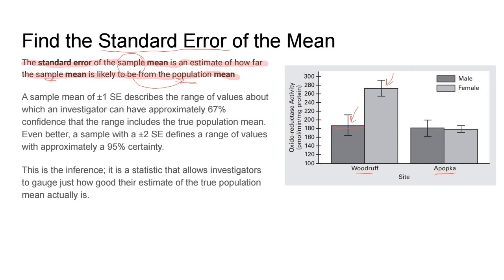This bar is the mean. So this number right here, a little bit over 180, is the mean of the males in this population. This number right here, 280 is the mean of the females in this population. And these bars are representing the standard error, and it represents how close this mean is to representing the whole population of males in Woodruff.